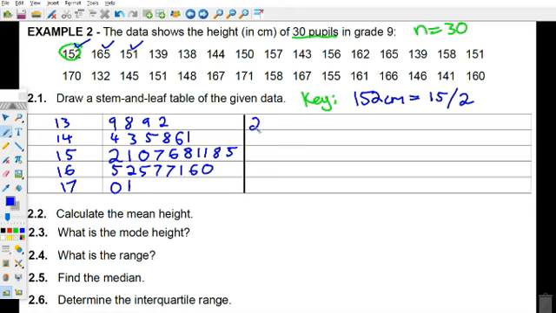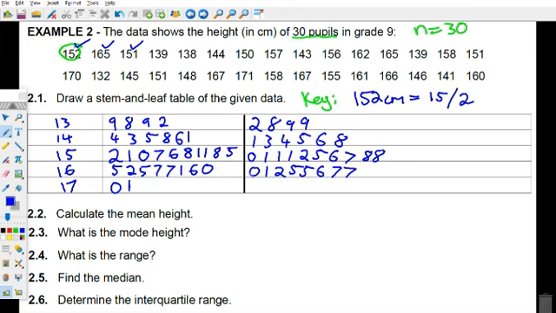So I'm going to say it's 2, 8, 9, 9, 1, 3, 4, 5, 6, 8, 0, 2, 5, 6, 7, 8, 8, 0, 1, 2, 5, 5, 6, 7, 7, 0, 1.